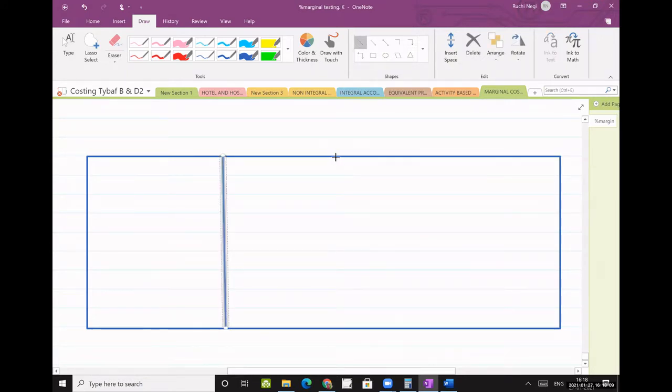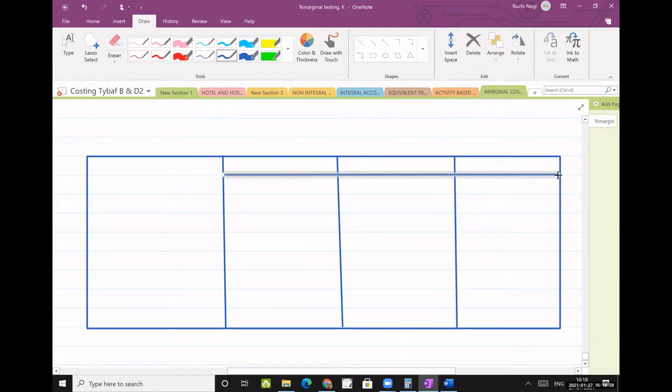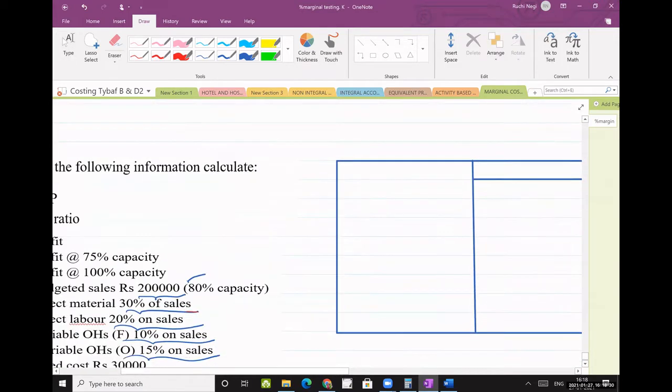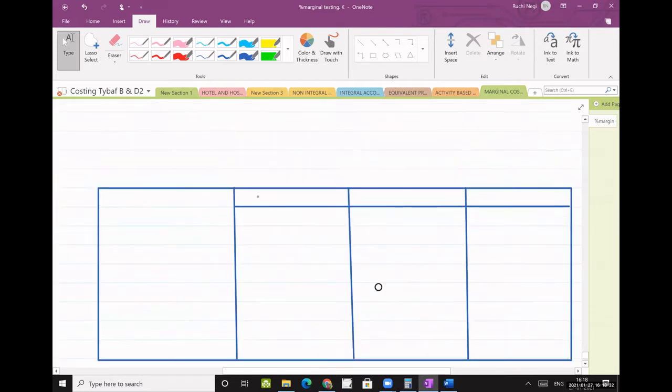This is the given column. So write your at 80%, at 75%, which you have to find, and at 100%.